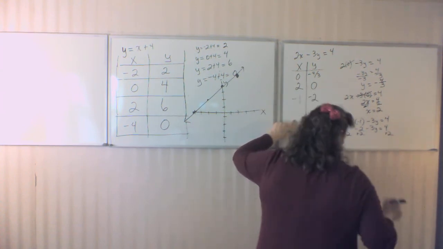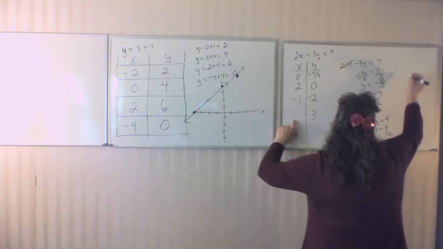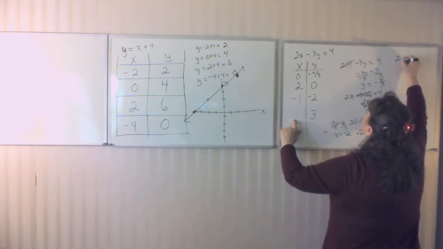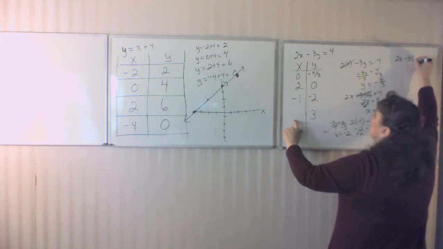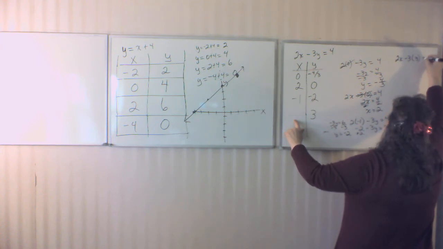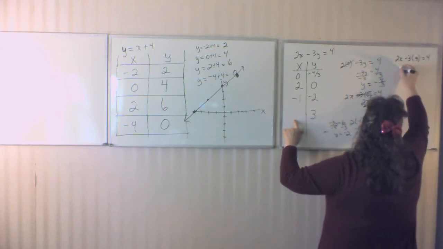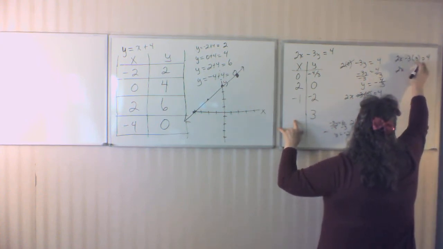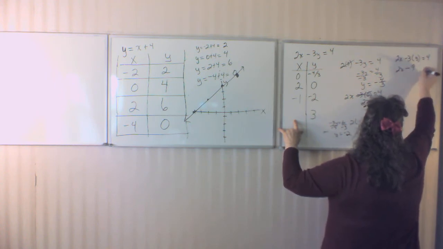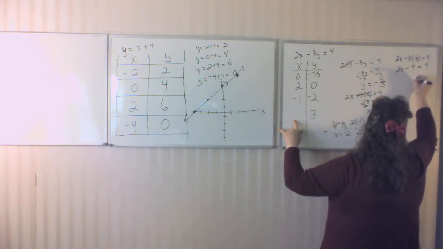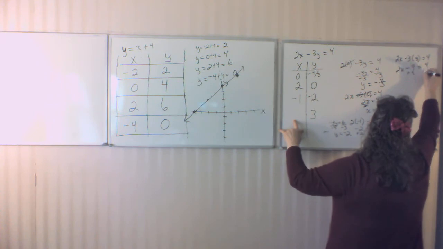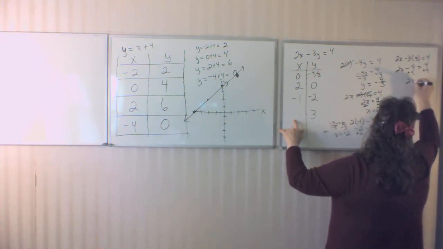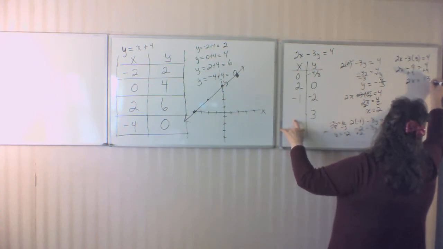And now we'll put 3 in for our y. So 2x minus 3 times 3 equals 4. So 2x, negative 3 times 3 is minus 9 equals 4. Add my 9 to both sides, and 2x is equal to 13.